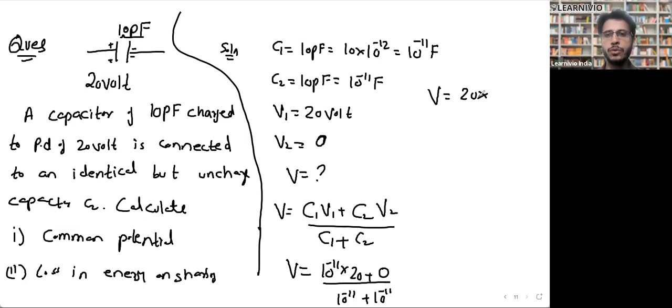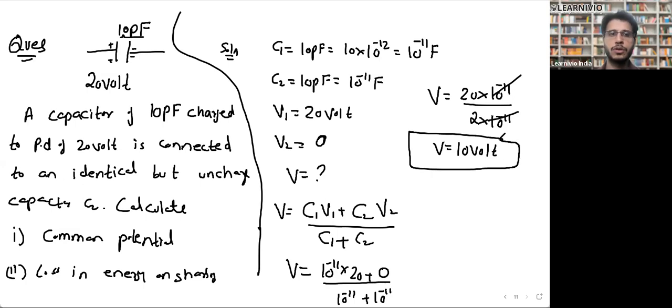It's 20 into 10 raised to the power minus 11 over 10 raised to the power minus 11 plus 10 raised to the power minus 11. It's 2 into 10 raised to the power minus 11, which gets cancelled out. So V becomes 10 volt. This is the common potential, which is 10 volt.